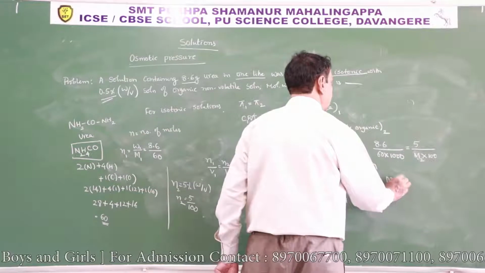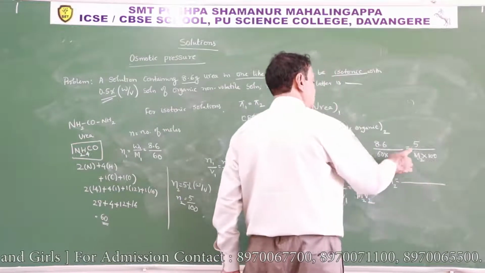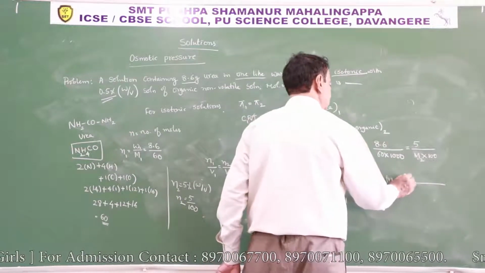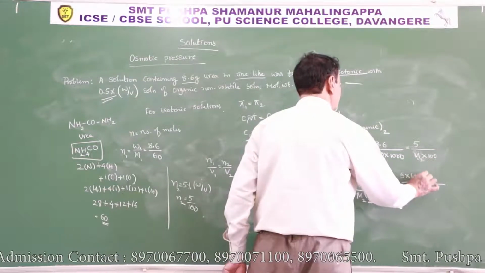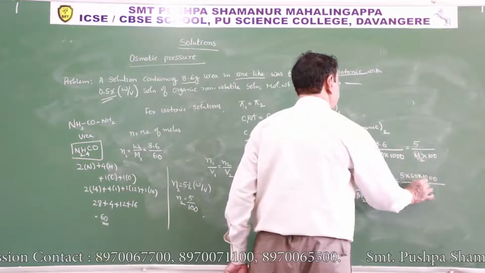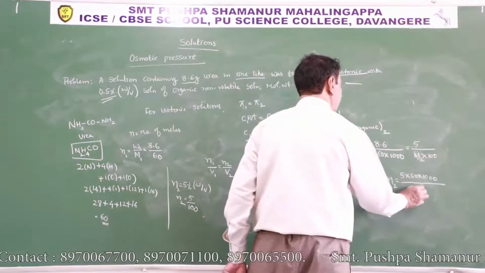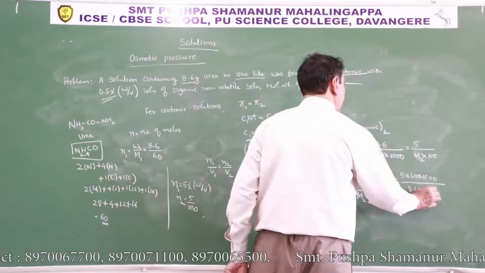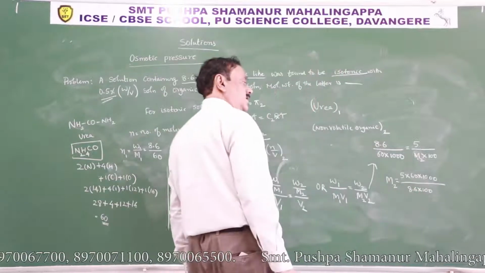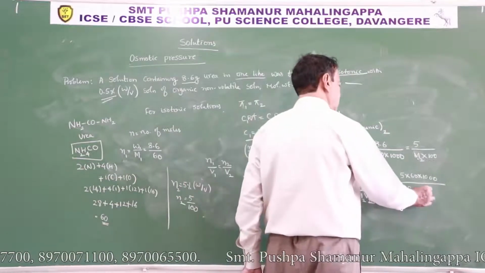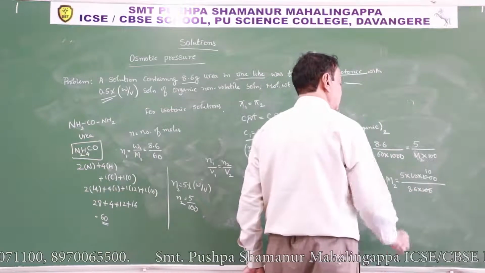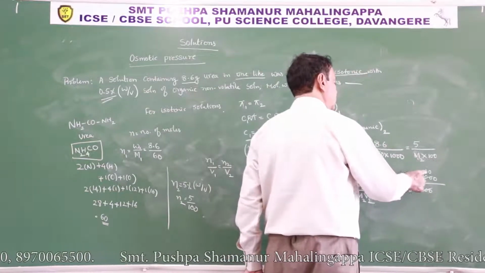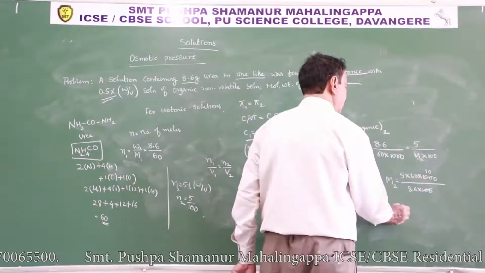Therefore, M2 is equal to 0.5 into 60 into 1000 divided by 8.6 into 100. This 100 and 10 times will get cancelled. Now this is equal to 0.5 into 60 into 10 divided by 8.6.